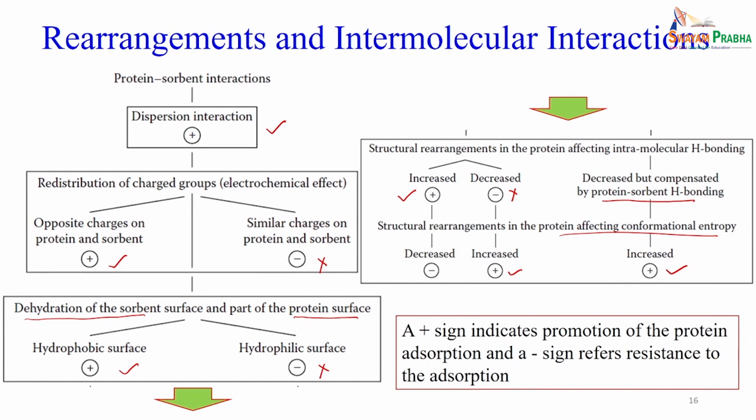If there are no conformational changes, then the adsorbed amount will be lesser as compared to the reoriented or conformational adaptation cases. So, what we are seeing is that different intermolecular interactions take place, depending on the chemistry of the protein as well as the chemistry of the surface. The first step will be the van der Waals or dispersion interaction, irrespective of the surface chemistry.